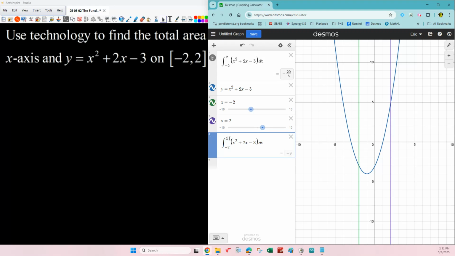It's going to be negative, right? It's negative 9. What would happen if I calculate the area, there's that x-intercept, of our function from 1 to 2? Can anybody tell me what I'm going to get?